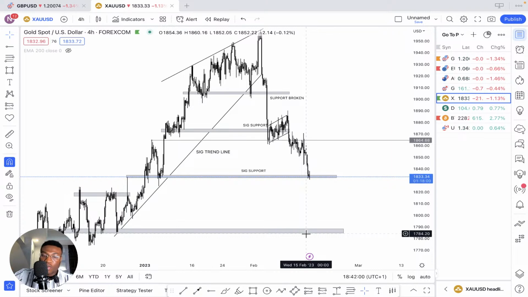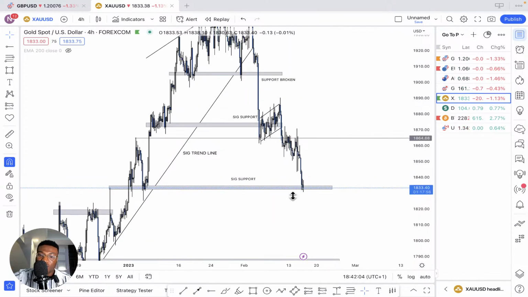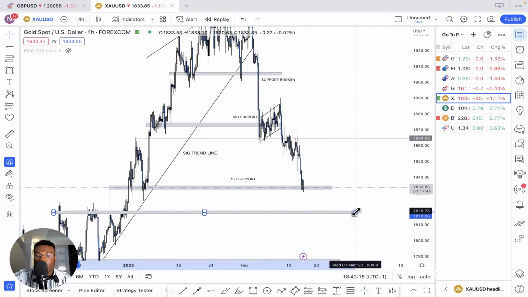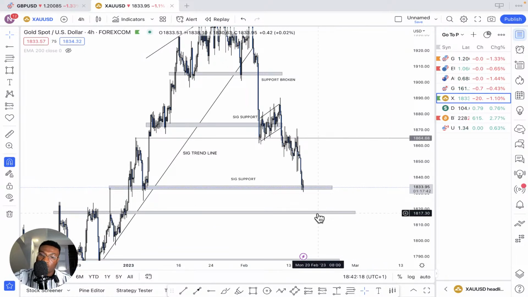So the gold market is currently sitting at another significant support level, and I expect it to also dance around here for a bit before it breaks even lower to the downside, at least to 1820 before a push to the upside, right?